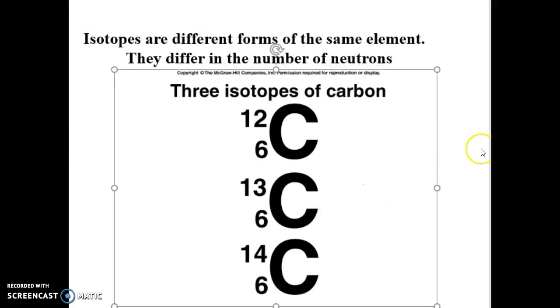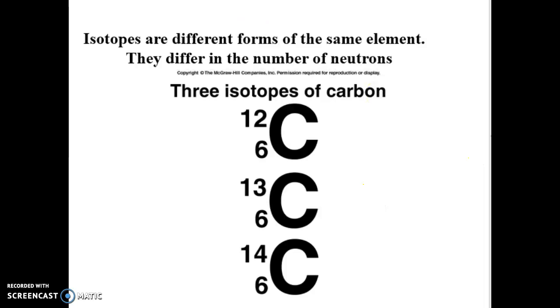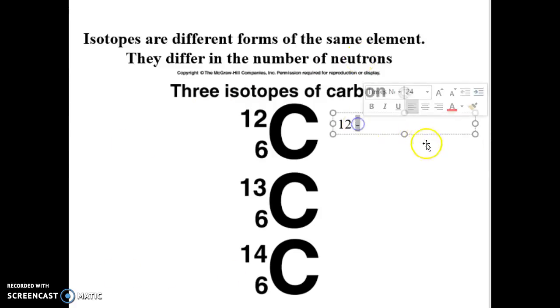Okay, so let's go back and do the math again. Let me set up a text box. If you have an atomic mass of 12 for the first one, and an atomic number of 6, that's going to equal 6 neutrons.